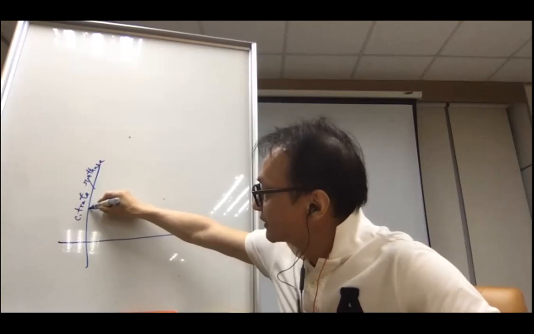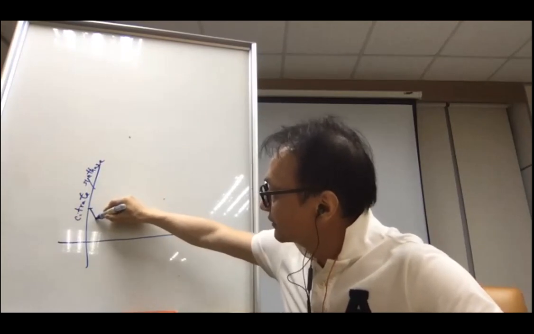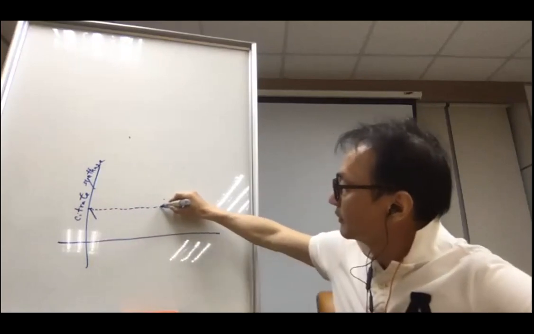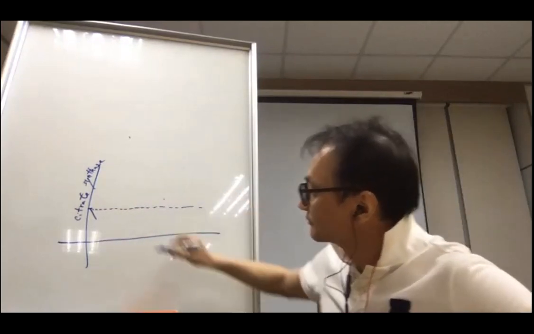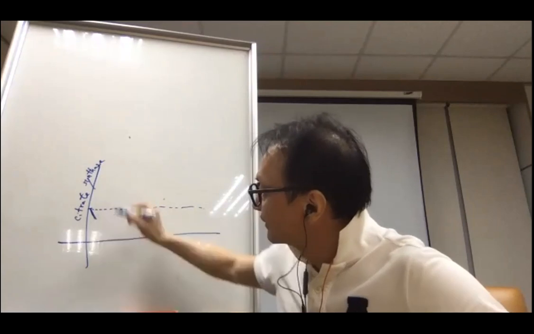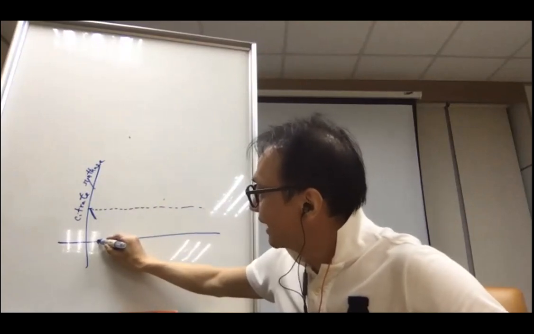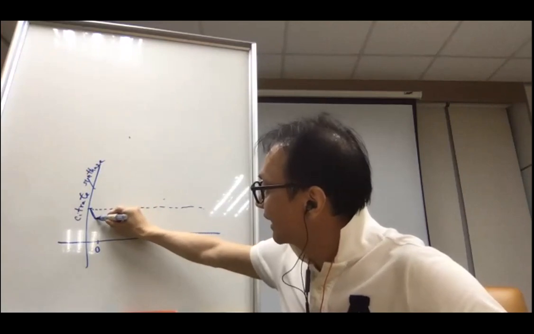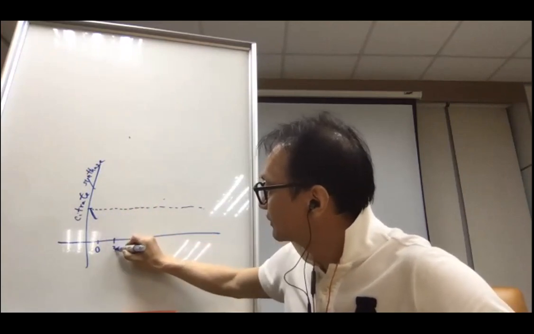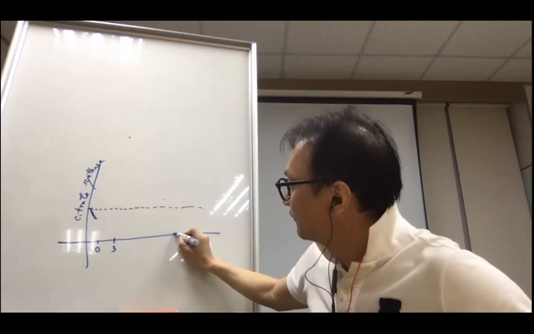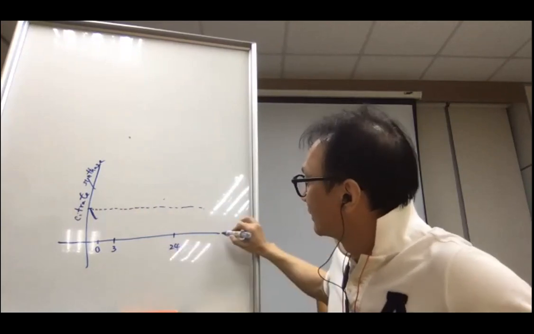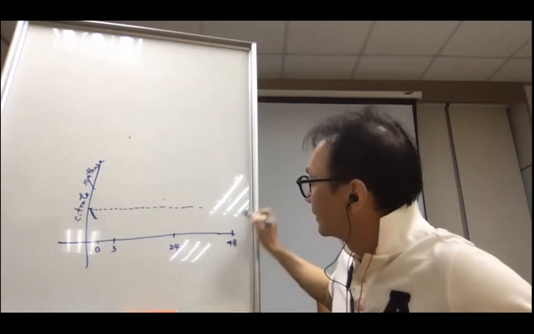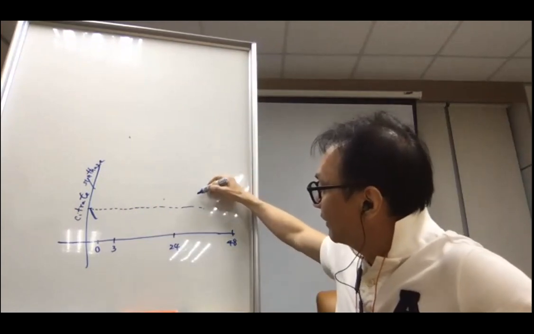In skeletal muscle, it's like this: it drops, and then this is the baseline, okay? It dropped immediately after exercise, and then it comes back in 3 hours. This is 24 hours, and this is 48 hours. So you know what happened?